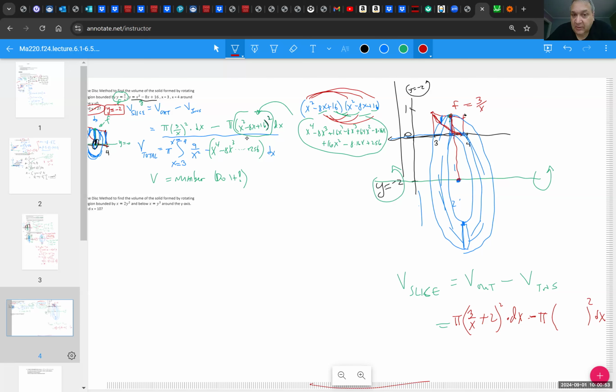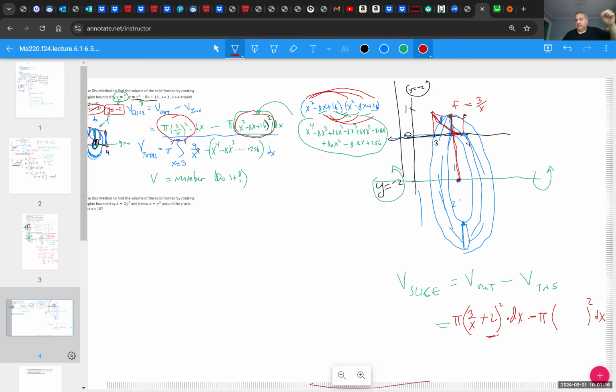Well, this may look familiar because we did it before, right? If you look at this part, we had the 3 over x squared as our radius for the outside, and the other one, which is the x squared graph, was our radius for the inside. It's going to be the same here, right? We have this graph here from the middle going up there. The difference is I had to add 2 because the outside radius doesn't go to 0, it goes to -2.